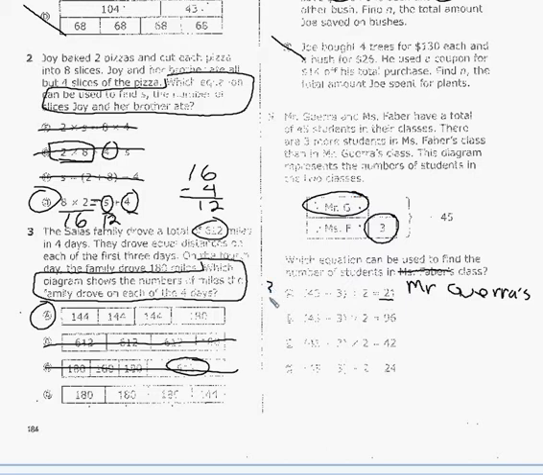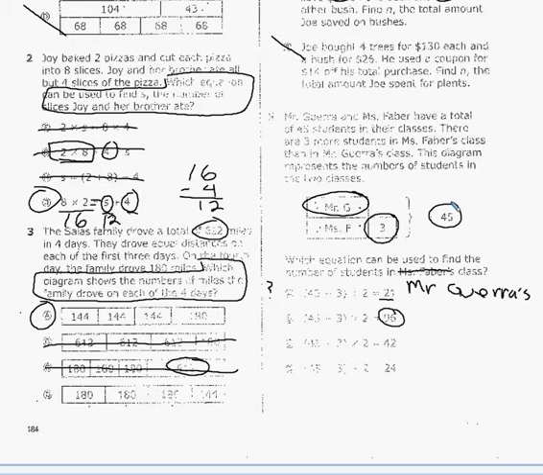Okay, 45 plus 3 times 2, and it has 96 as an answer. 96 doesn't make any sense because that's more than the total amount of students in both classes. Okay, answer choice C, I have 45 minus 3 times 2 equals 42.